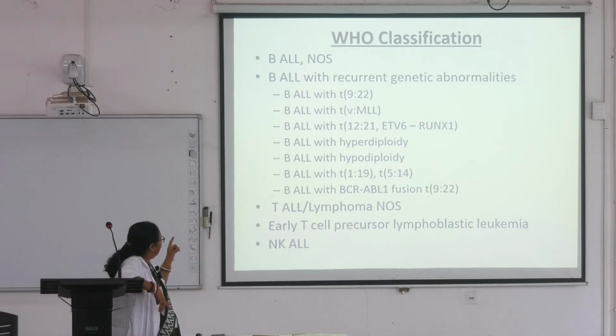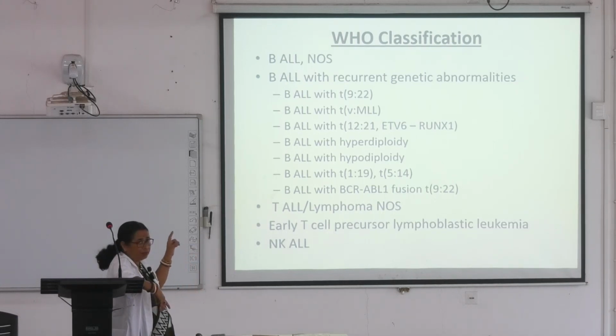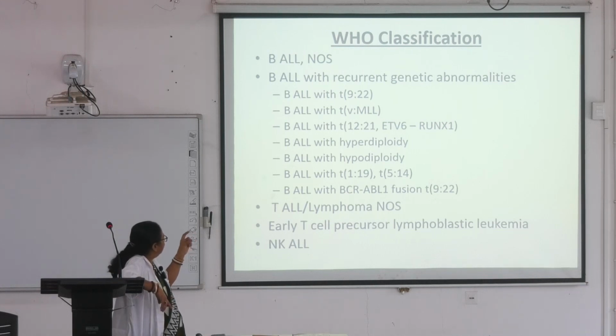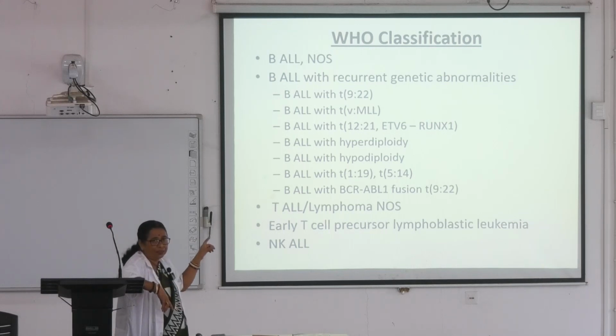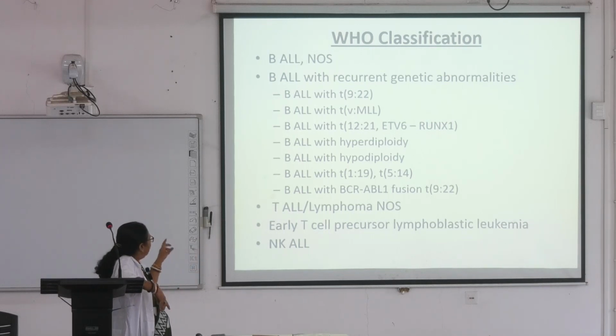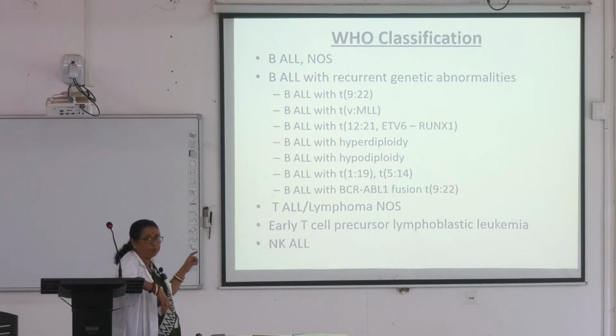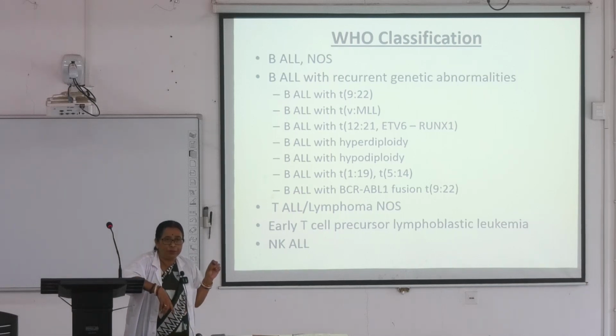Then ALL with translocation variable, MLL. B-ALL with translocation 12;21, ETV6-RUNX1. B-ALL with hyperdiploidy, B-ALL with hypodiploidy.